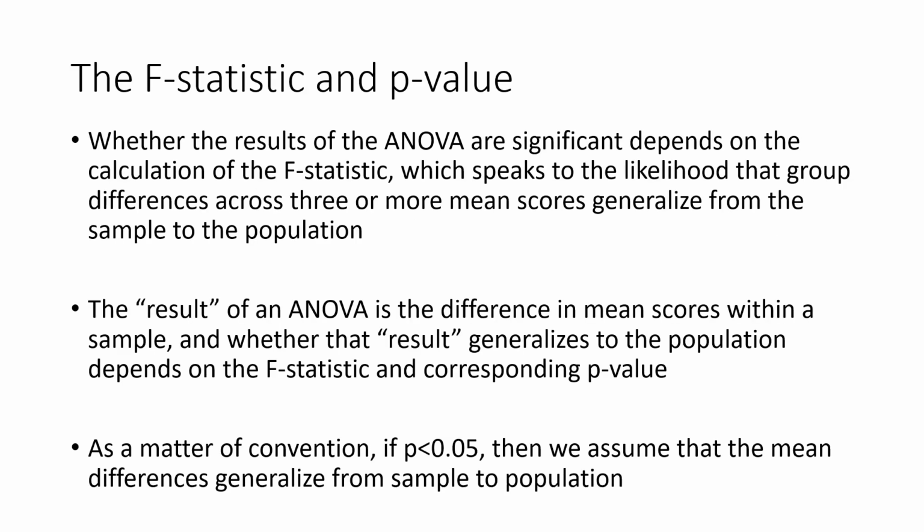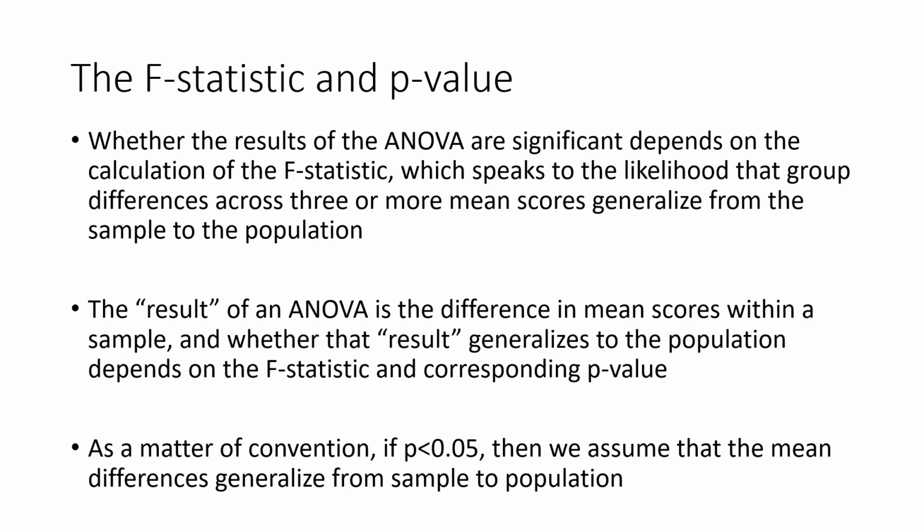You will recall from the previous chapter that when we carry out a t-test, an independent samples t-test, the first thing that we do is we calculate something called a t-statistic, and that t-statistic tells us something about the magnitude of the difference between the two mean scores.